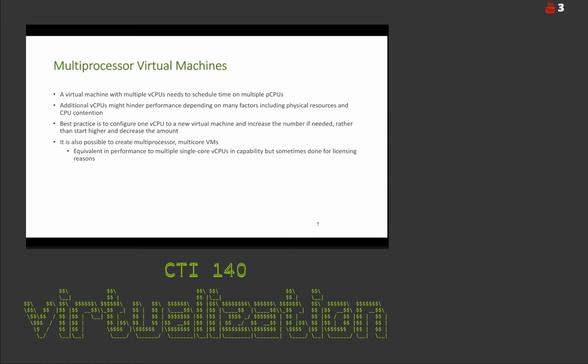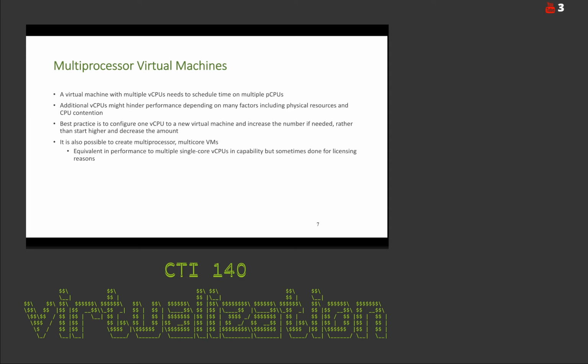That way you're making sure that each machine has what it needs before trying to allocate something else. In creating multiprocessor, multi-core virtual machines, what we're talking about is equivalent in performance to multiple single-core virtual CPUs in capability.